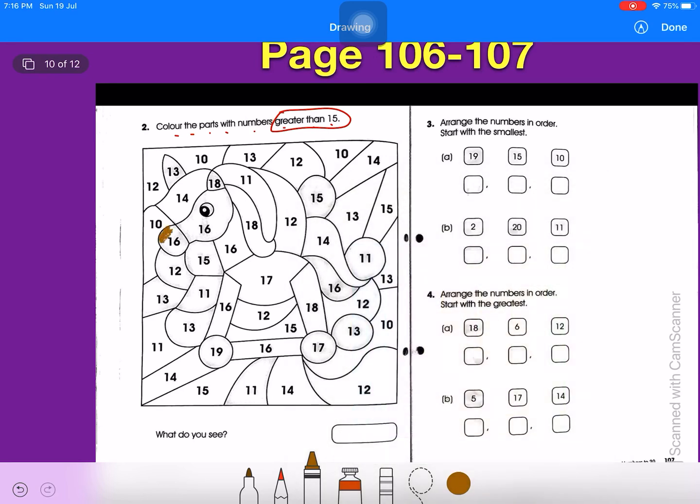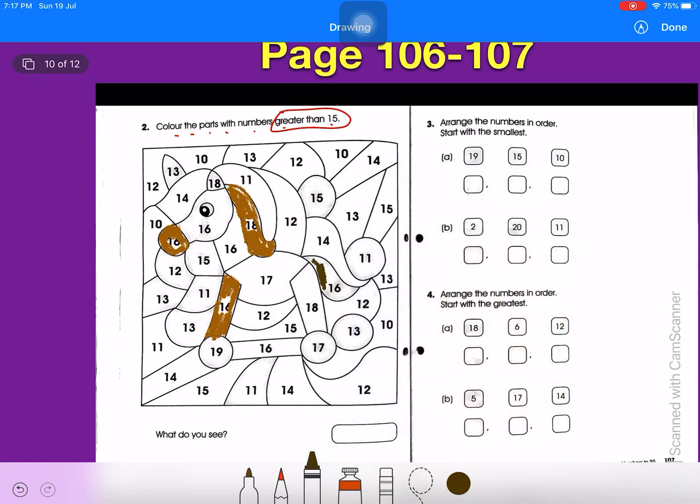So this one is greater. 16 is greater than 15. 18 is greater than 15. And then this one as well. What happened? No more already. Oh my god, cannot color. But some portion cannot color.